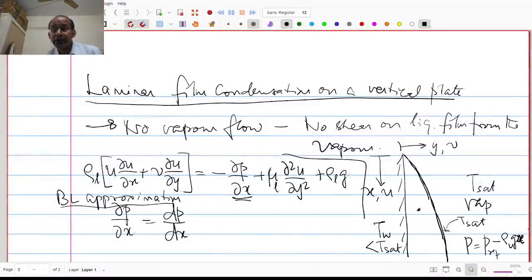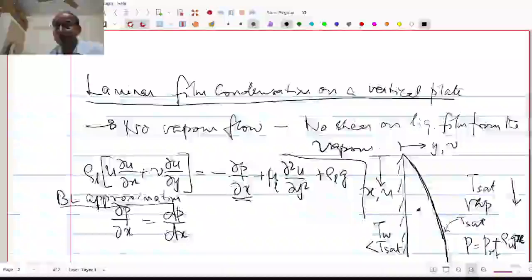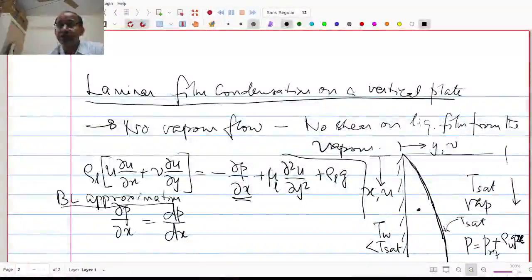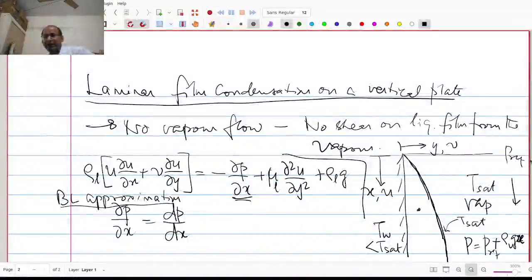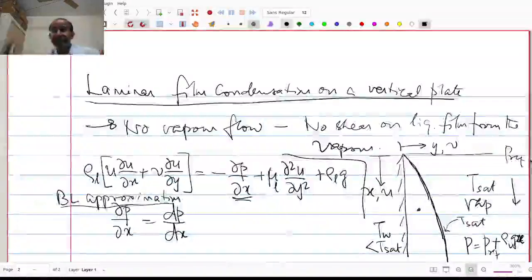So sorry, it is going to be plus rho vapor g x because x is in the downward direction and g is also in the downward direction. So g is positive. So rho vapor g x will be the thing with respect to some reference pressure where x is equal to 0. So this is P ref. Okay, as you go down, because of the mass of vapor that is standing on top of it, the pressure will be P reference plus rho v g x. So if I differentiate to get dP by dx, then the P ref would go off, it will become rho v into g.